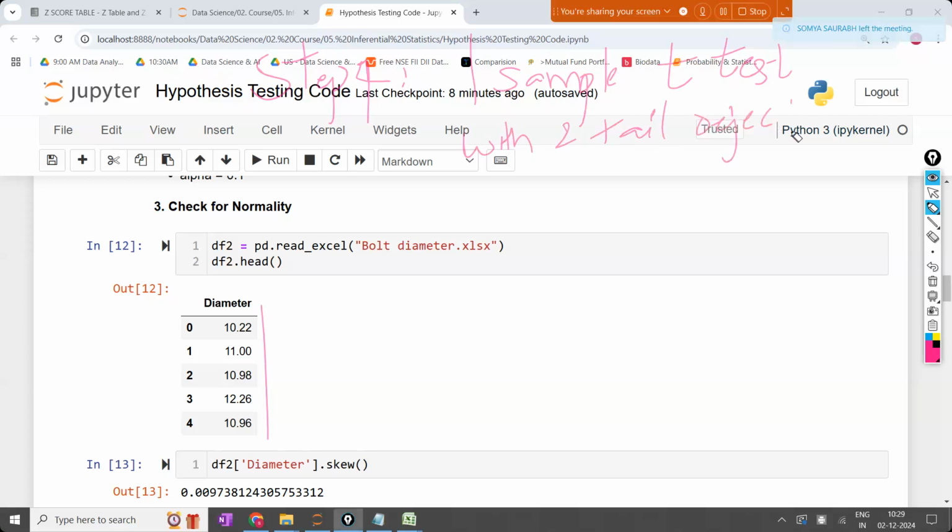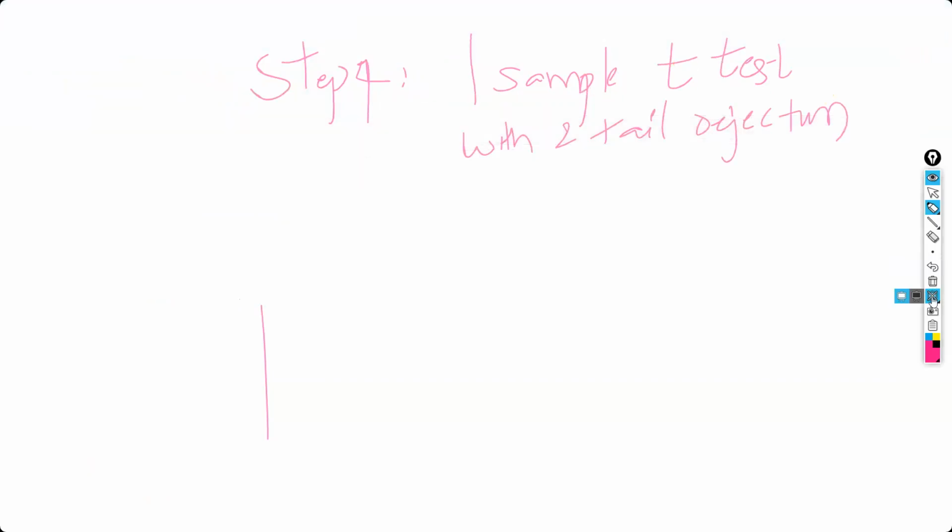What is the diagram? Once we have written the test, immediately we have to draw the diagram. In the diagram it is two tail rejection. How much do I have to take on the left side and on the right side? 0.05 on the left side, 0.05 on the right side. The balance 0.9 is acceptance. This is 1 minus alpha, which is 0.9.